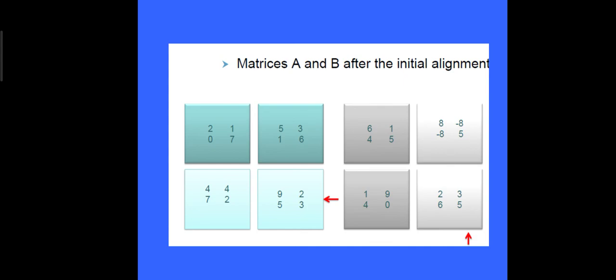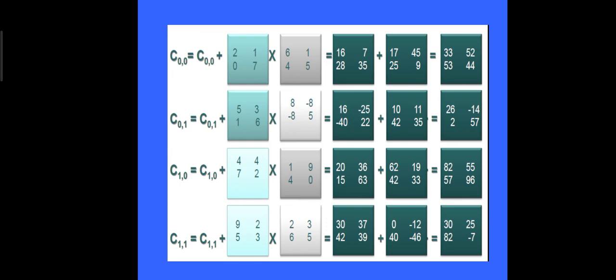Here we have to rotate the A matrix to the left and the B matrix upward. After the rotations, we do the multiplication, that is C00, the first block of C, then the second block of C, then the second row first element of C, and the second row second column of C. So after multiplication, we get the final results. So that's all about matrix multiplication.